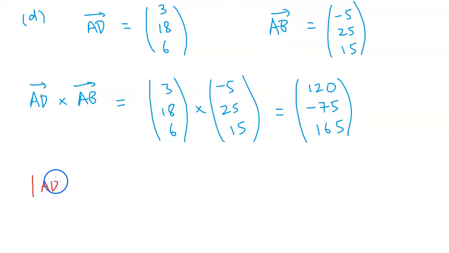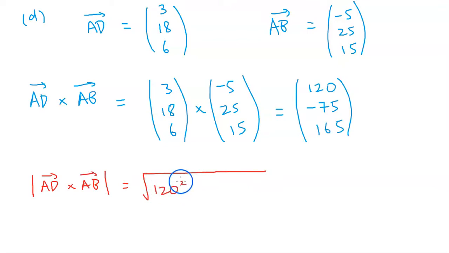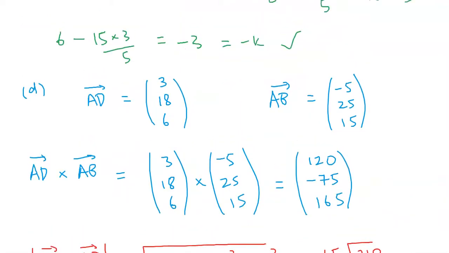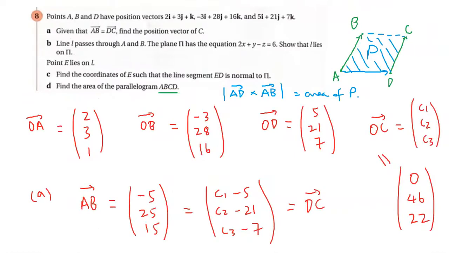So the length of AD crossed with AB is equal to the square root of 120 squared plus 75 squared plus 165 squared, and that is 15 times the square root of 210, or 217 to 3 significant figures. And that completes part D of the question, because that must also be the area of our parallelogram.